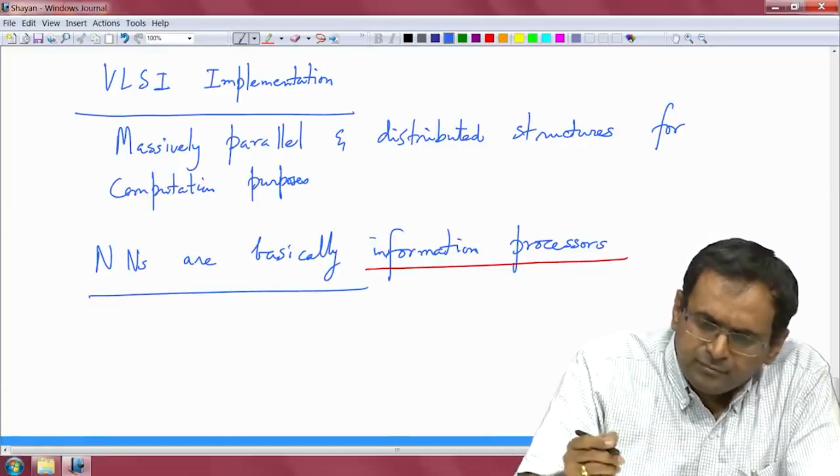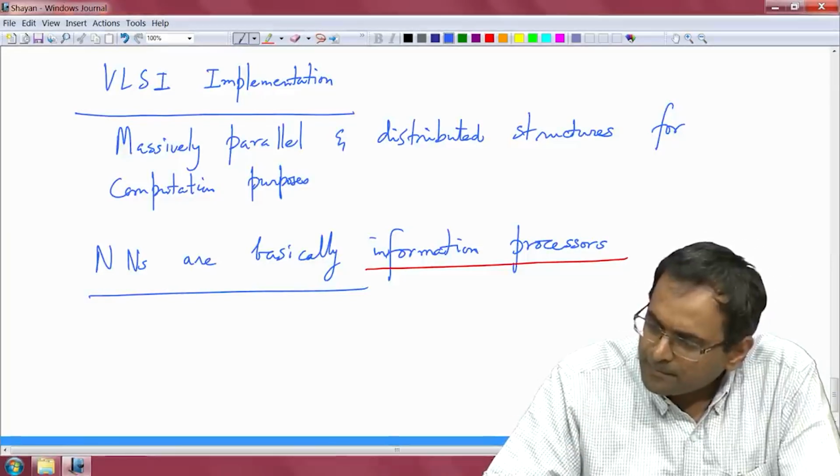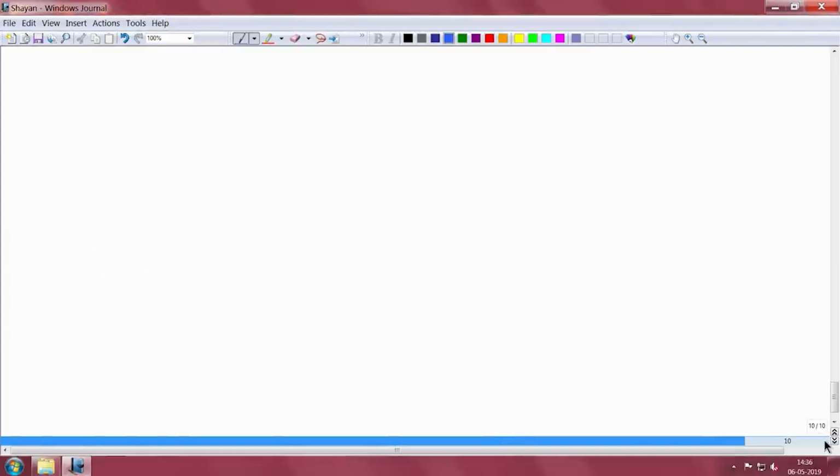Now I think we have to spend a little time thinking about the neurobiological analogy.